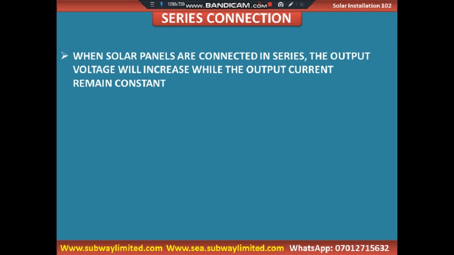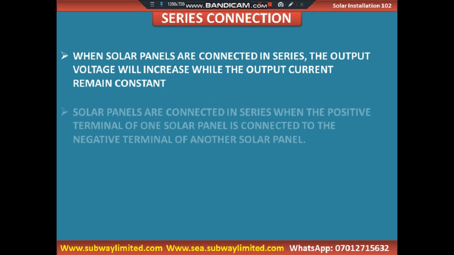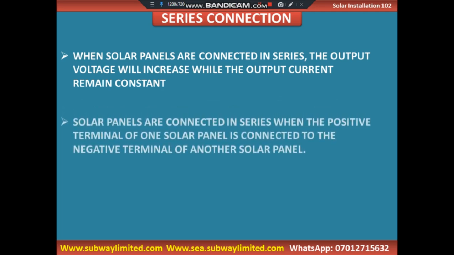When you are talking about configuring a system, you have to consider the voltage of other components and the current of other components. What is voltage and what is current? It is something that everybody already knows about.